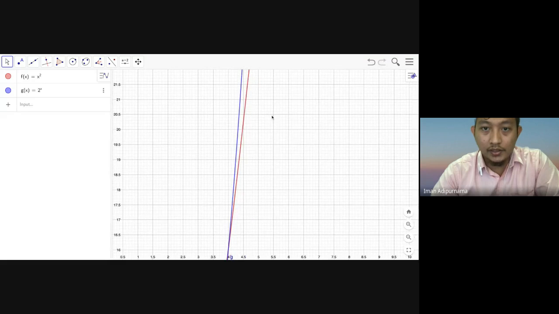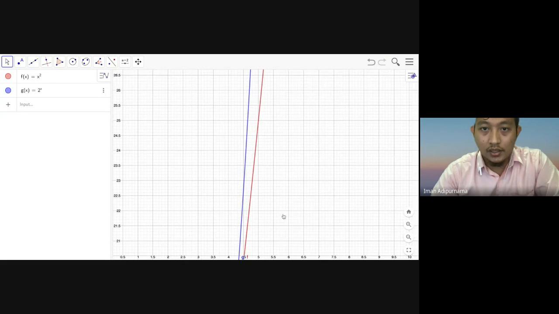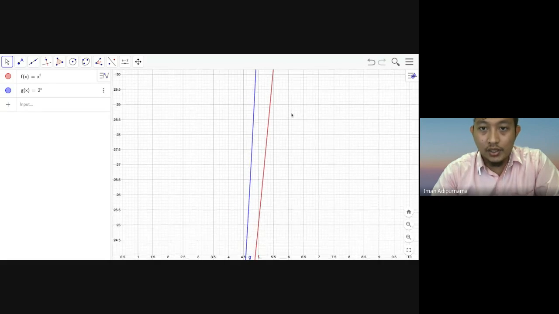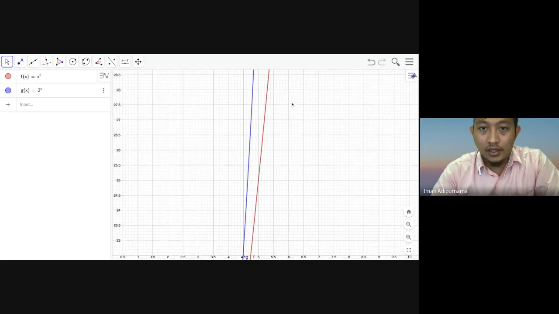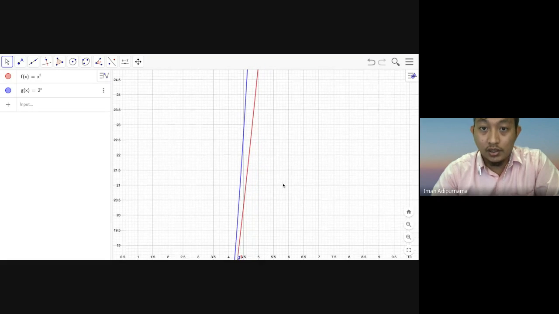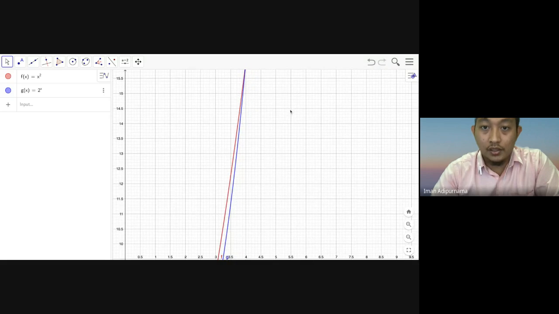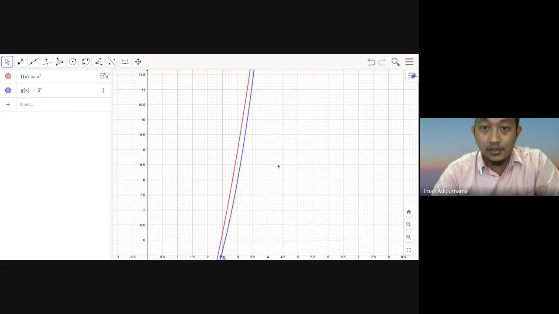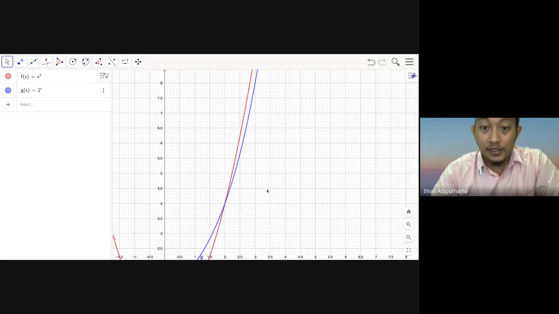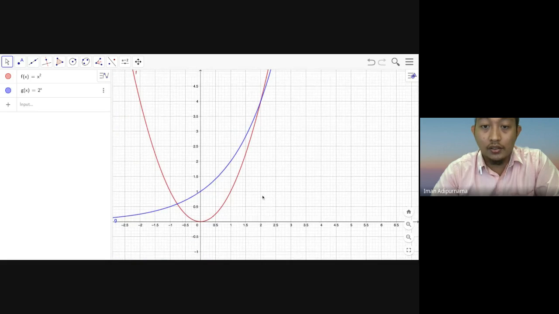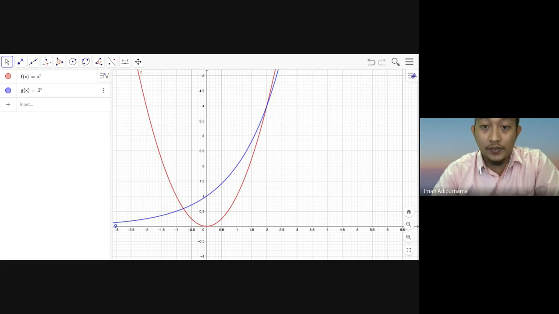But then look at this. Slowly, the exponential is going really fast, which means it's increasing at a rate that is faster than x squared.